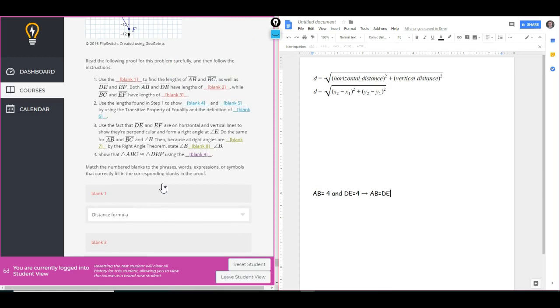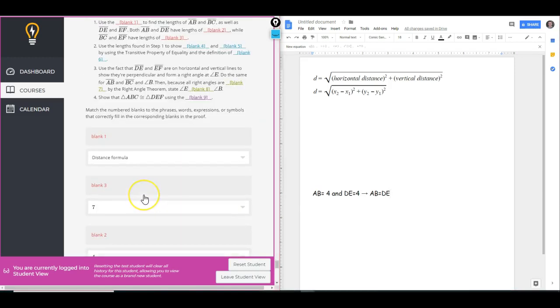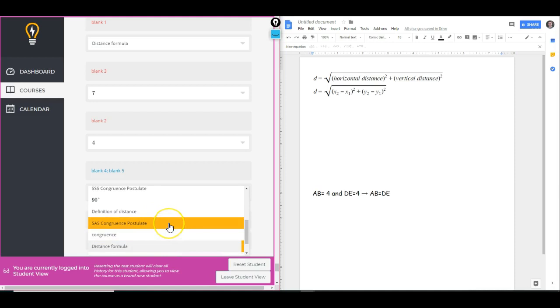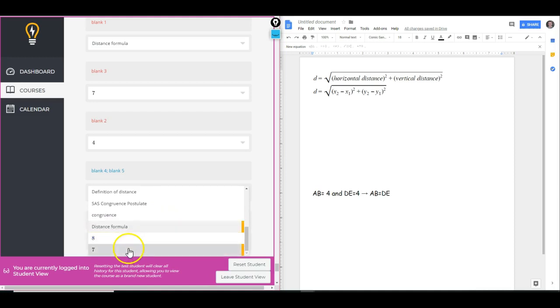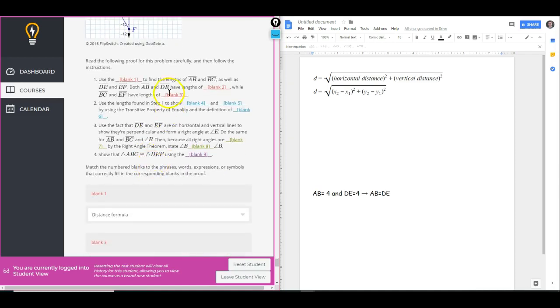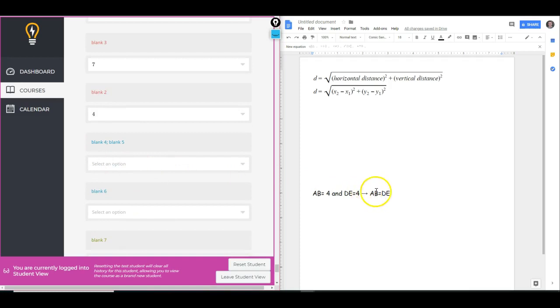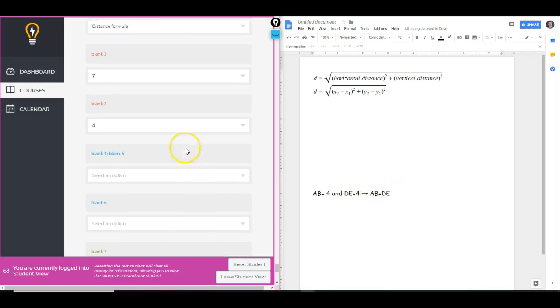So blank 4 and 5, we are to show, let's see what our options are: congruent, side, side, side, definition of distance, congruence, 8, 7. Okay, so blank 4, use the lengths found in step 1 to show congruence. Since we're using congruence and I can't type that out in my math, I'm looking for AB is congruent to segment DE.